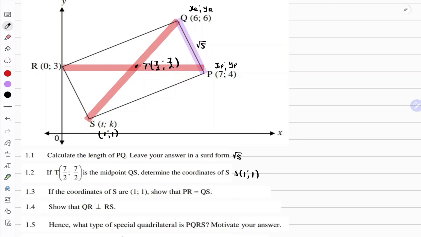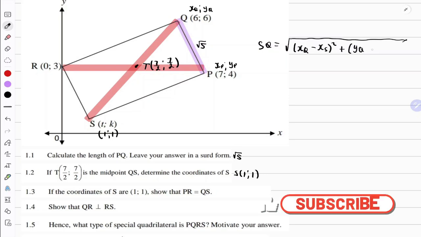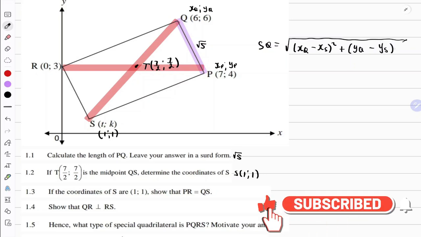So we can write the distance formula for SQ. We can say distance SQ is equals to the square root of (XQ minus XS) squared plus (YQ minus YS) squared.